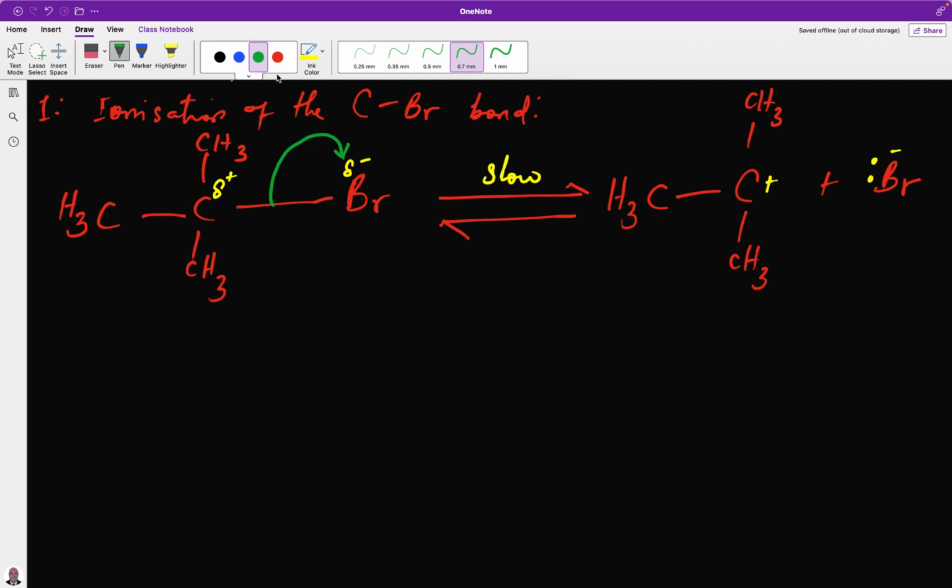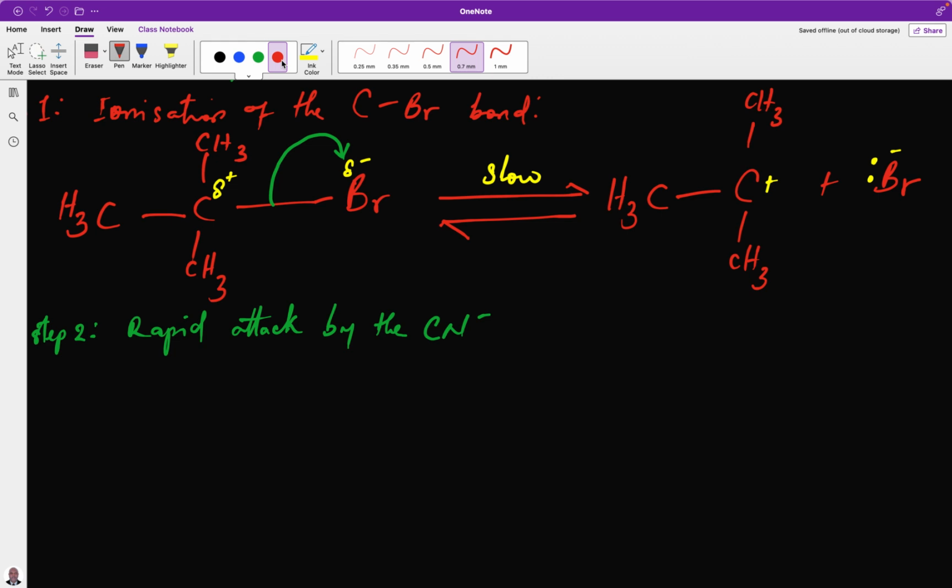Step 2. Rapid attack by the nucleophile cyanide ion. And this is how it is happening.